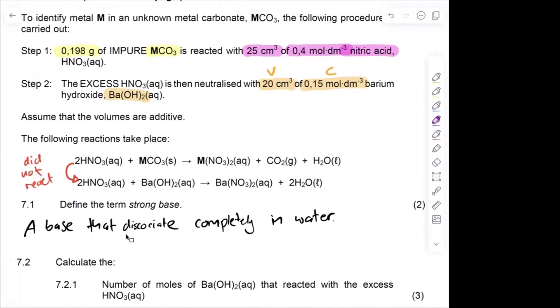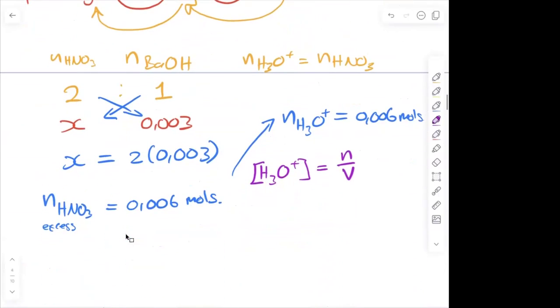We had 0,198 grams of impure metal carbonate reacted with 25 cubic centimeters of a 0,4 mole per decimeter cubed solution of nitric acid. So there's our volume of nitric acid that we dealt with originally. We're going to plug that volume into our equation and solve for the concentration.